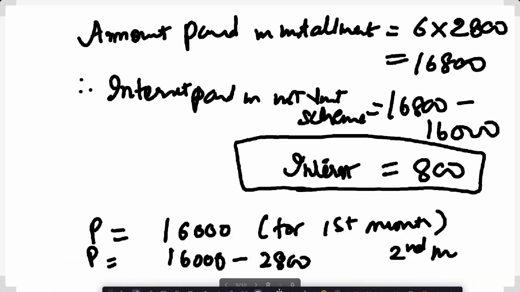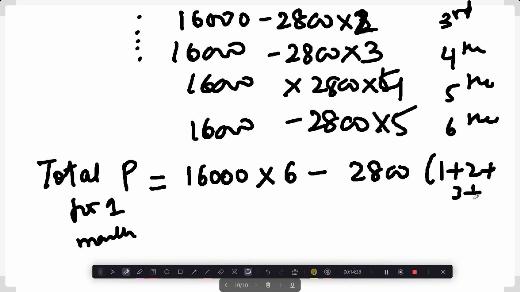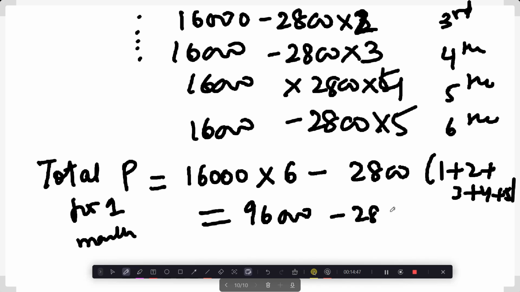And 2800 यहाँ एक बार है. So 16,000 into 6 minus 2800 में वहाँ एक बार है. तो 1 + 2 + 3 + 4 + 5 हो गया. क्या है ये value? 96,000 minus 2800 into क्या है इसका sum? 15. 54,000 आ जाएगा आपका principal.